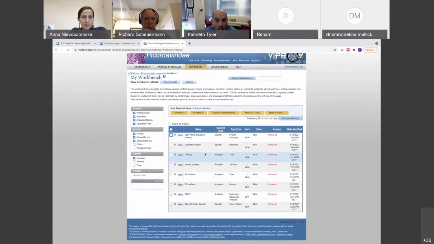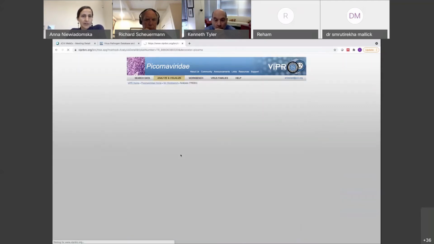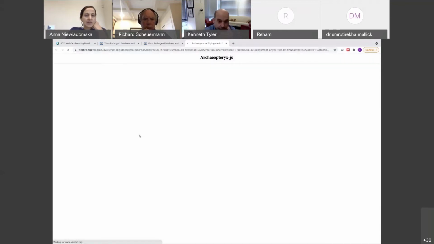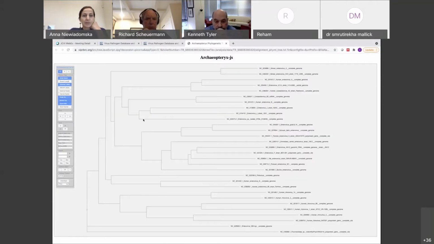So, for example, I have just a reference tree over here of some enterovirus sequences. And you can just click on View Tree after you build it, and this will generate a tree in Archaeopteryx, which is built-in software on the Viper site.